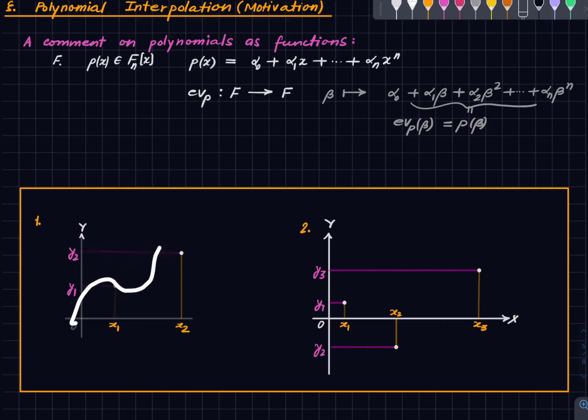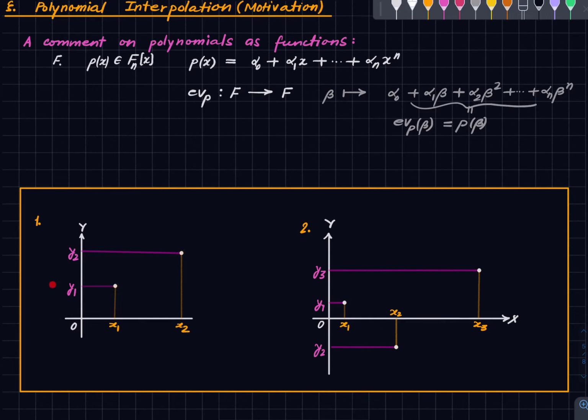Of course, you can fit many curves, but what one would like to do is to be cost effective. So what we want, or it is natural to demand, is a polynomial that fits this and is of smallest possible degree. Here there are only 2 points, and it's easy to see that one can fit a straight line, which is a degree 1 polynomial.